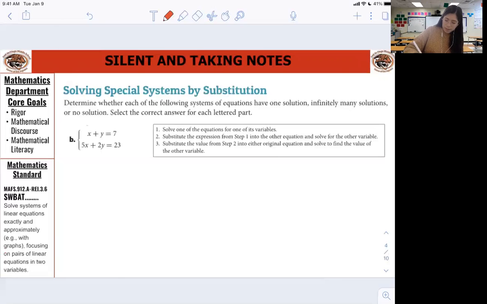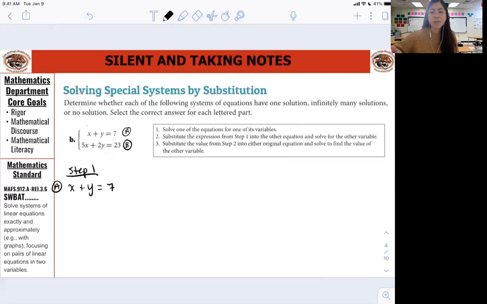So step 1, I have x plus y equals 7, equation A. And this time, if I'm solving for x, what should I do to both sides? Subtract y.